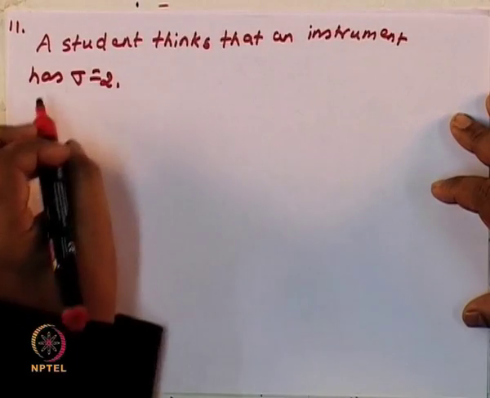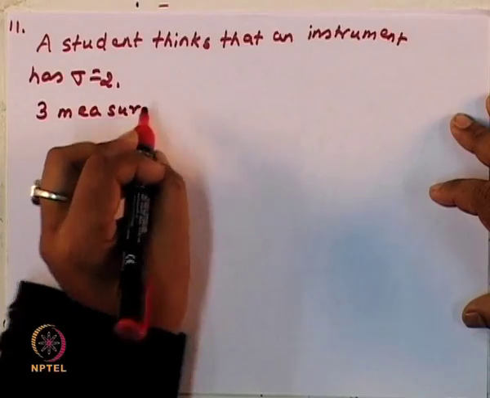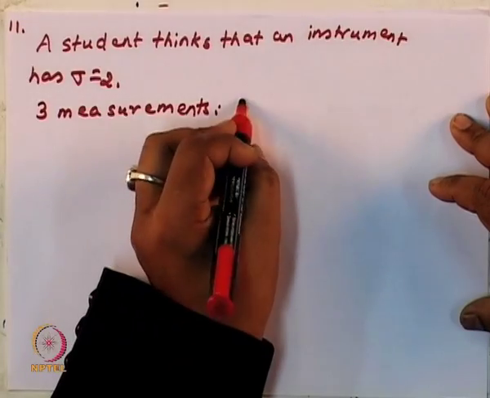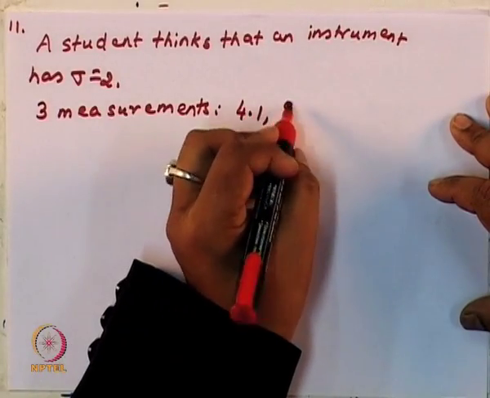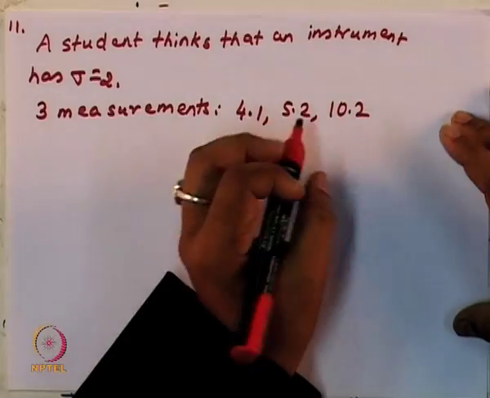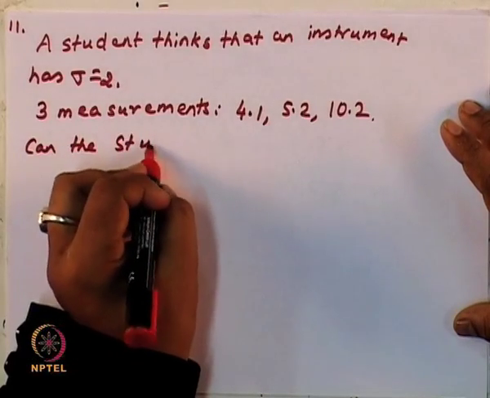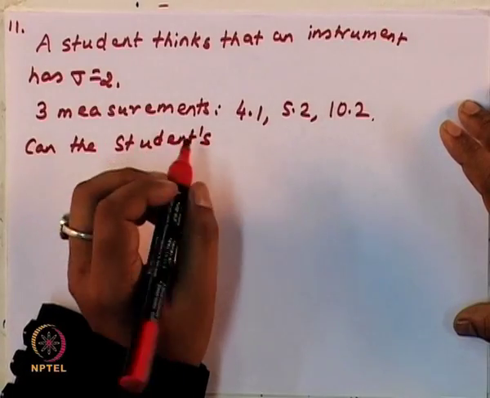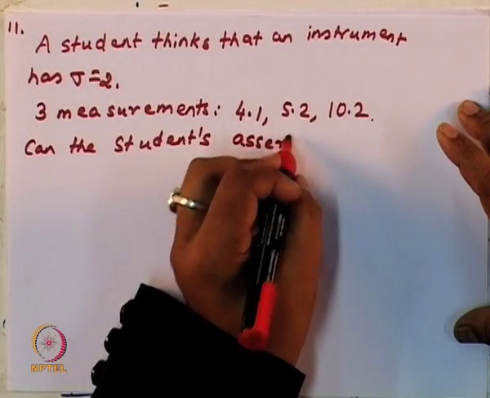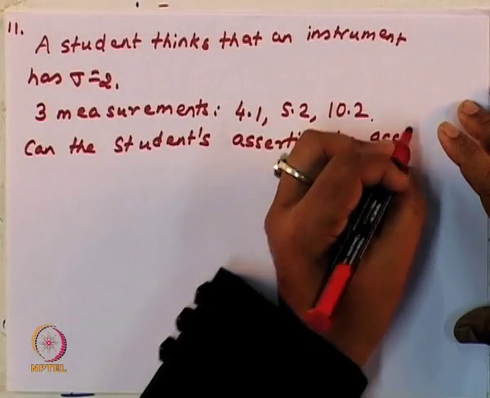So, and she has done 3 experiments, 3 measurements, which led to the values of 4.1, 5.2 and 10.2 respectively. Okay. So, can the student's assertion be accepted?